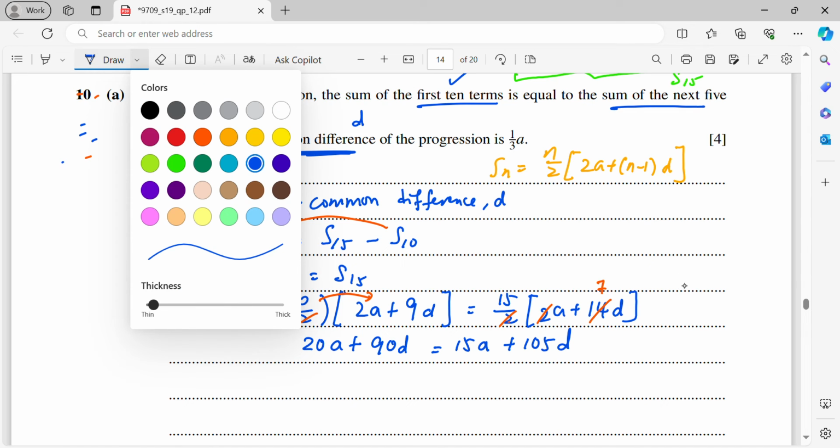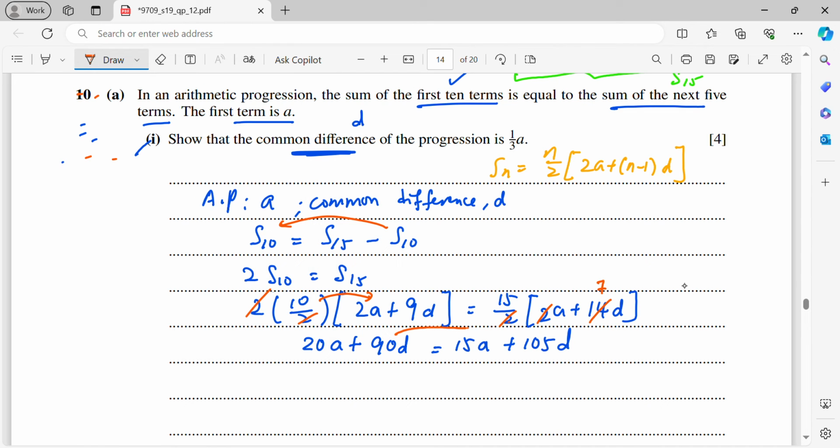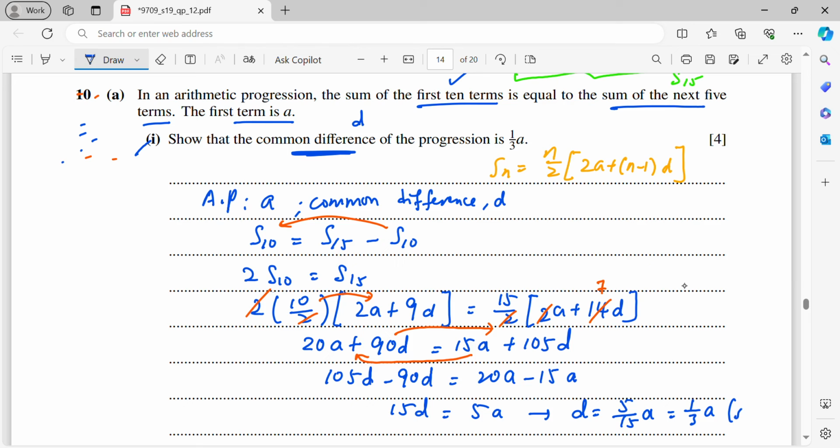So it means that I will move the d to one side and then the a to the other side. So which means I'm getting 105d minus 90d equals to 20a minus 15a. So for the left hand side, you will be getting 15d. For the right hand side is 5a. So from here, my d is 5 over 15a, which is 1 over 3a. So I have shown the common difference.